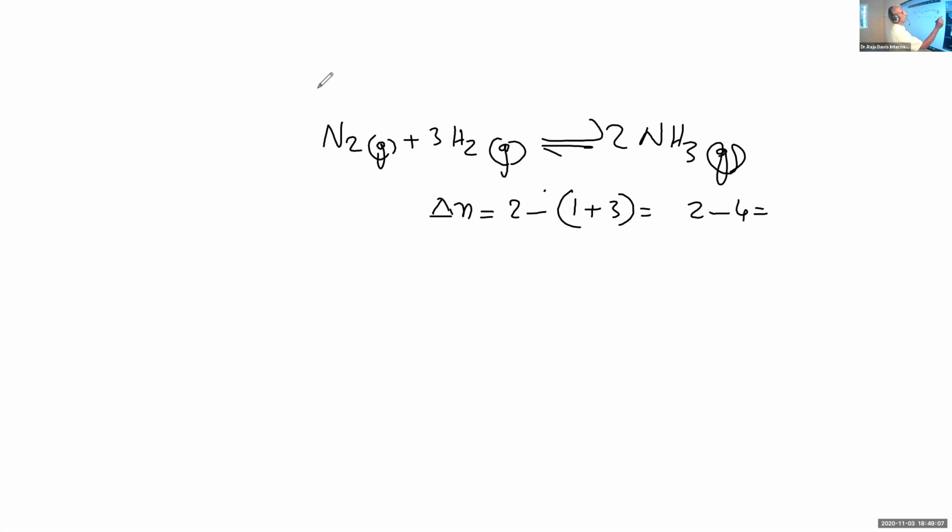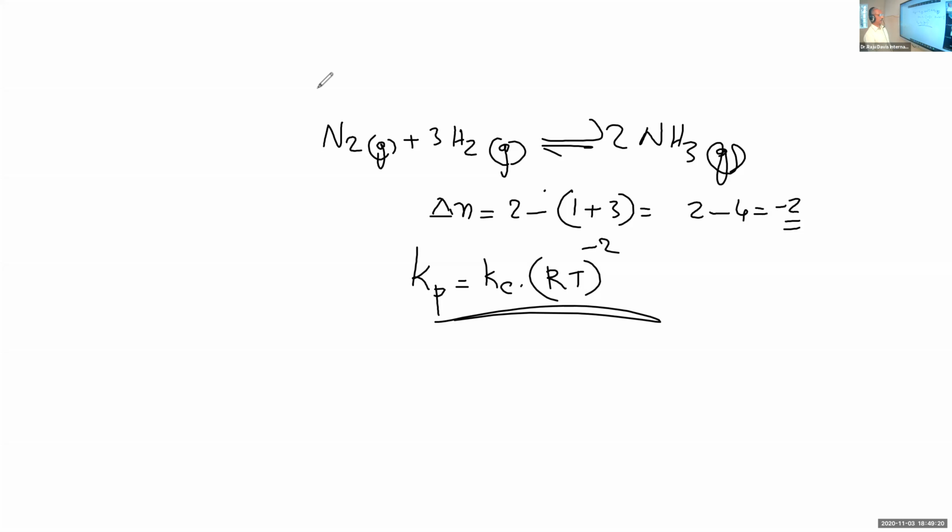That is equal to minus 2. And therefore, Kp is equal to Kc into RT raised to minus 2. And that is the relation between Kp and Kc. So we can find out the relation between Kp and Kc.